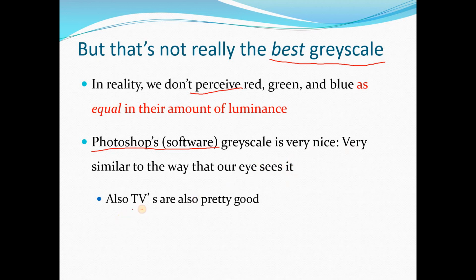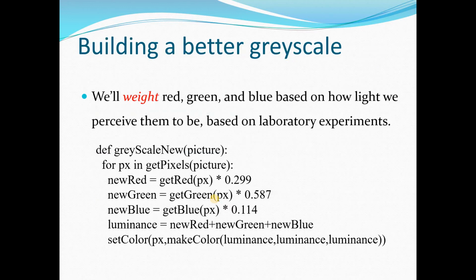And the grayscale generated by the TV is also very good. Whenever a grayscale is shown on the TV, it is a perfect or near perfect grayscale. So what's the difference? What we did, why it is not good, how can we improve it?